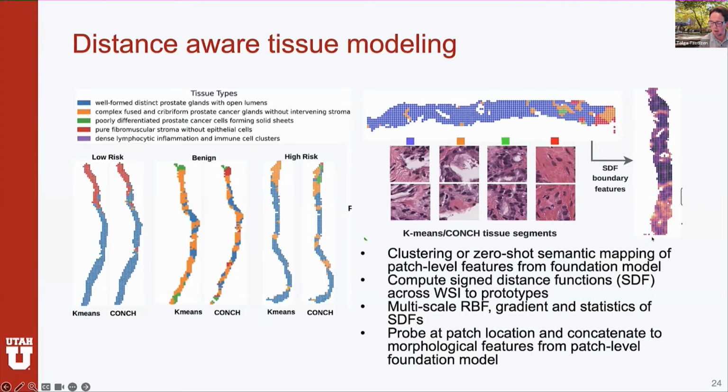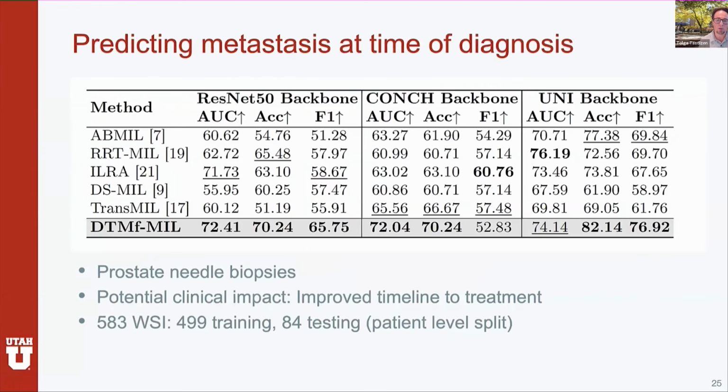Then we apply radial basis functions of different spreads, and we look at the gradient of the signed distance function and some statistics, right? So for a patch here, we take its foundation model features and augment them with these geometry-aware, slide-level features that we've computed. Then we pass it on to the MIL, hoping that now we can leverage the tissue architecture.